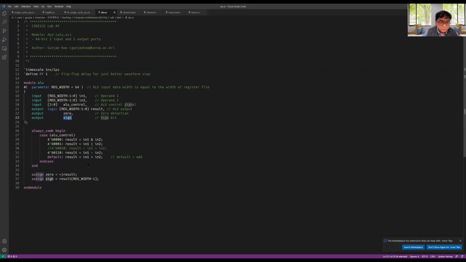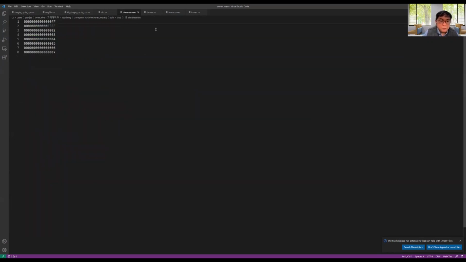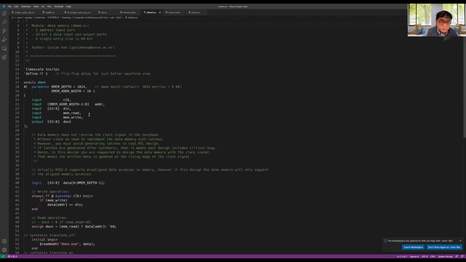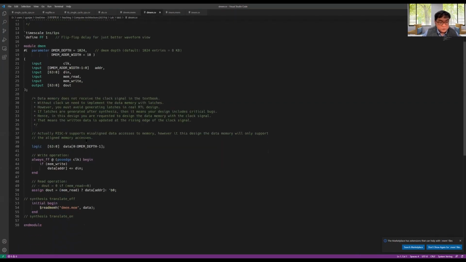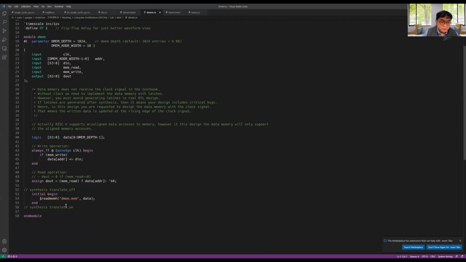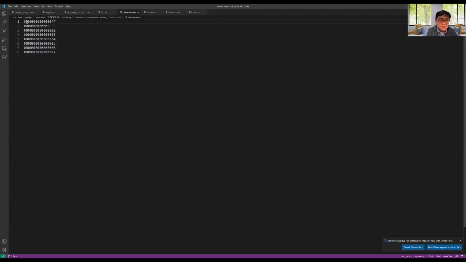Okay, so this is the sign bit, and then the data memory. Oh, where's the data? So this is the data memory. If you see this data memory, you can also find that the data memory is initialized with this initial data.